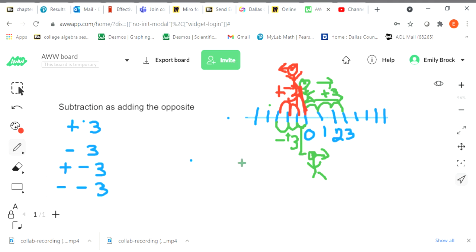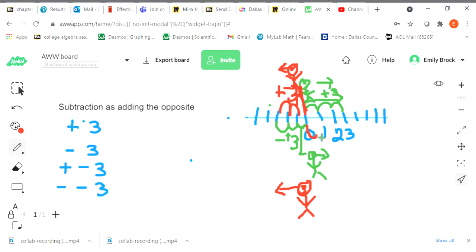Now if we want to subtract a negative 3, the person is still facing left. They're looking this way. But because we are subtracting, they are going to walk backwards.